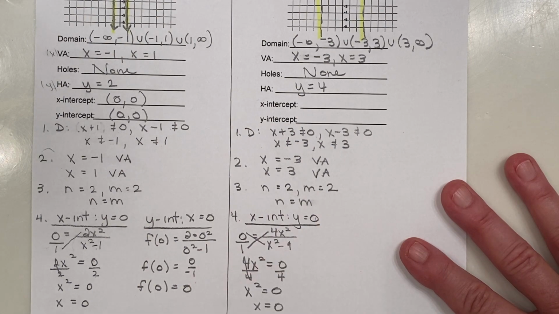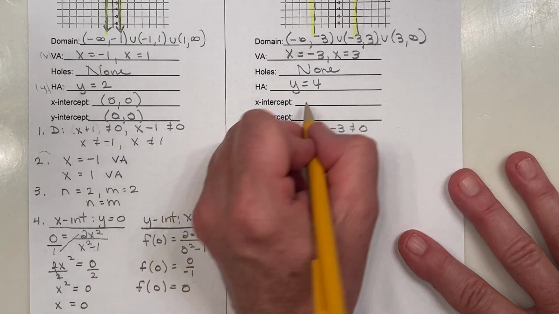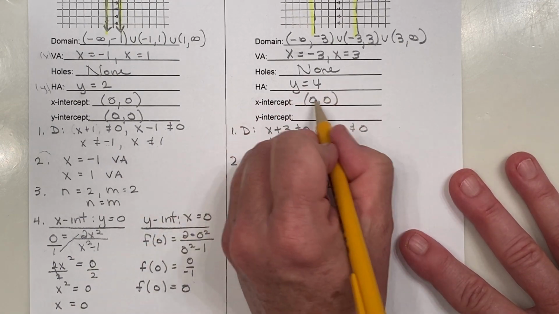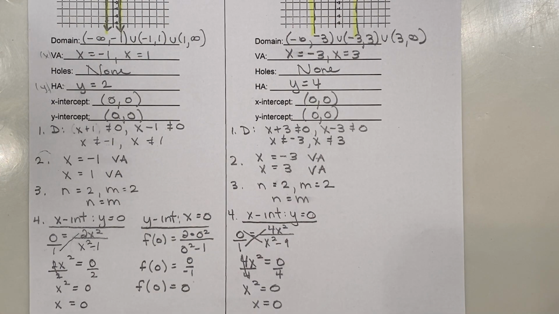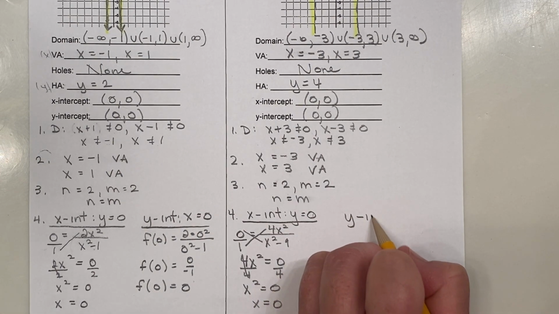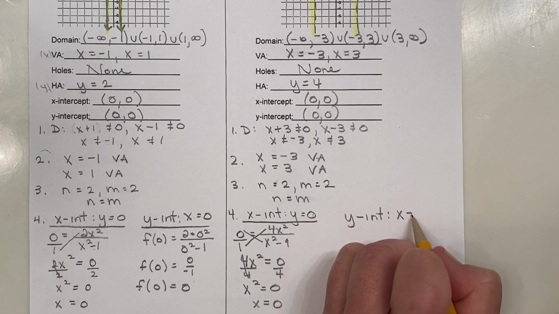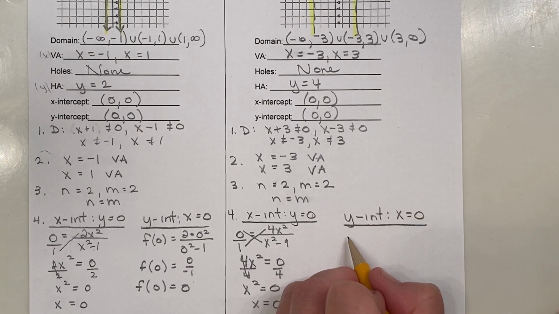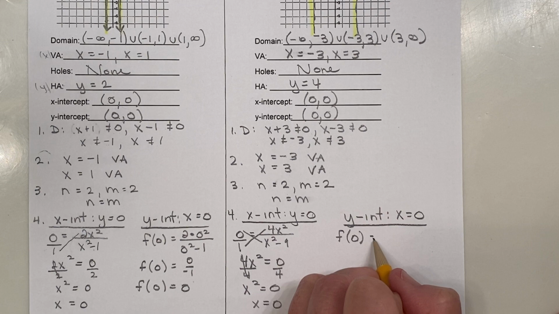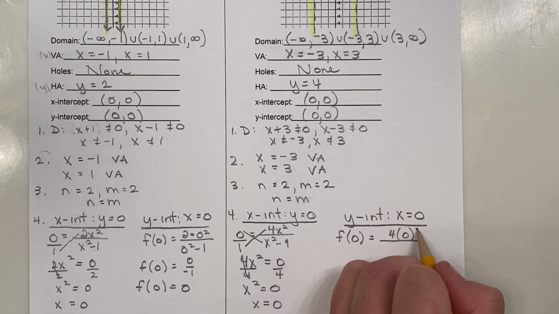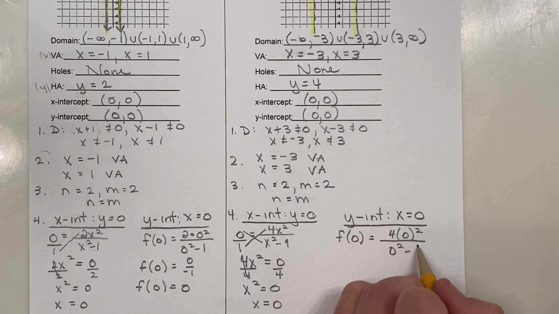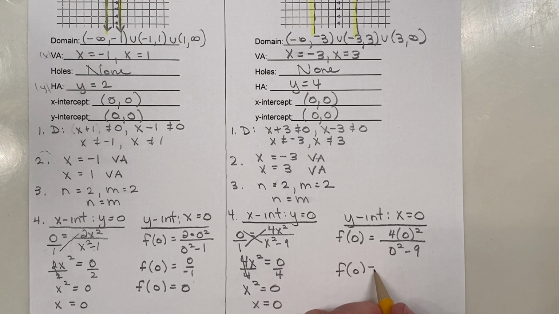So we have the origin again as an x-intercept. And we know if the origin is an x-intercept, it's also a y-intercept. And we can only have one y-intercept, so if you don't want to show the work over here for the y-intercept, that's fine. But it's still pretty good practice to continue doing it. Remember, the numerator is going to be 0, so the result is just going to be 0, 0 in function notation.